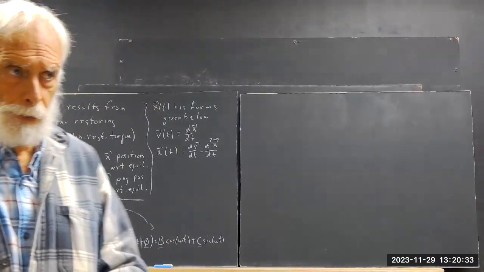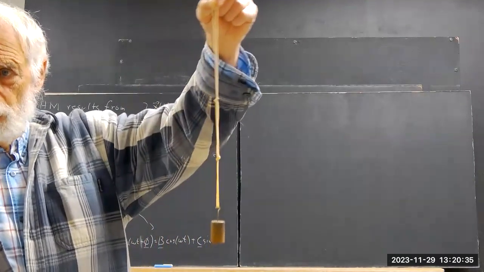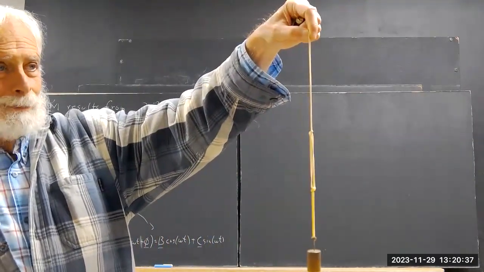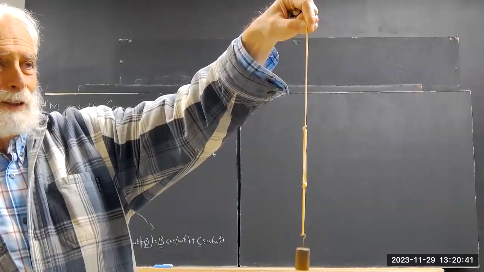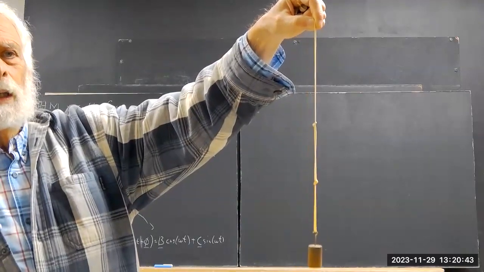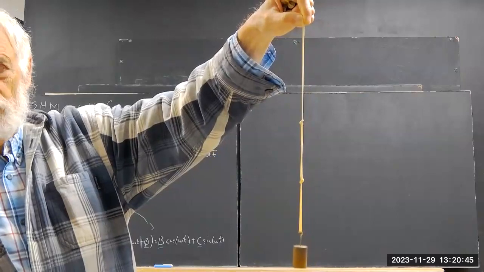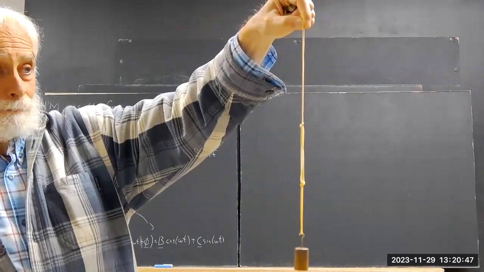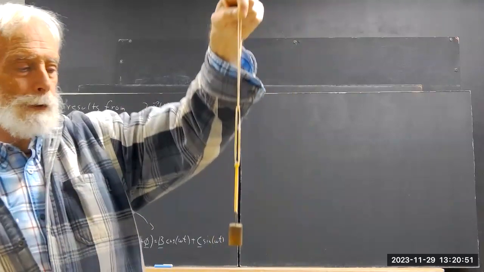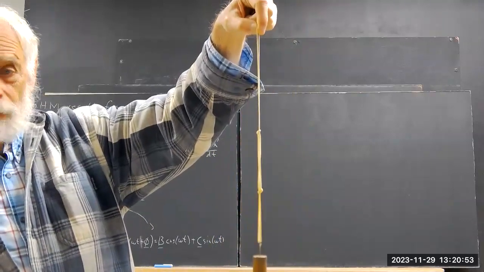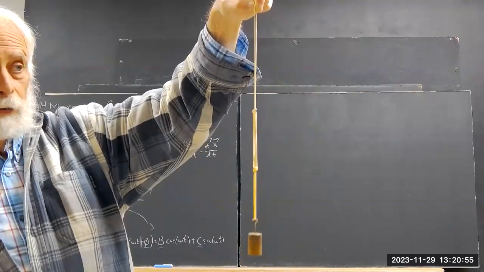Now, I'm not going to use a spring because rubber bands are just so handy. And they're cheap, and they're more interesting because they clearly do have some variation from linearity. Force is not exactly a linear function of length, but I've got a length here.